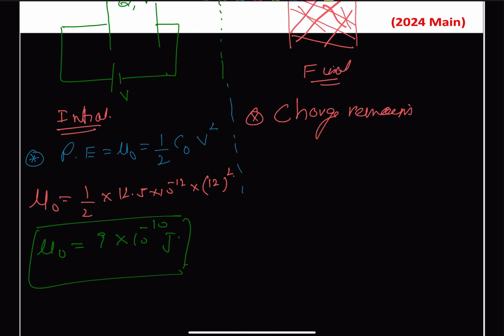Remains constant. Therefore we can say our Q is equal to C naught multiplied by V. Let me find out the initial charge, much more easily.